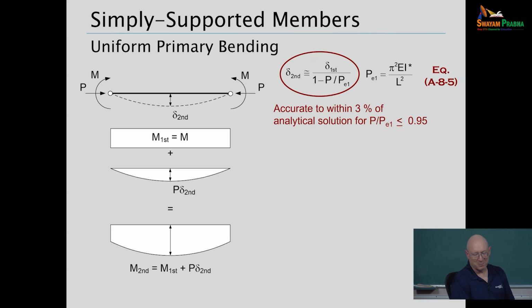So the P small delta part of the moment is shown there in the second graph, and the sum of those two effects gives us the total second-order moment, which in American practice we typically call M subscript U. So we need that maximum moment as input to our design.